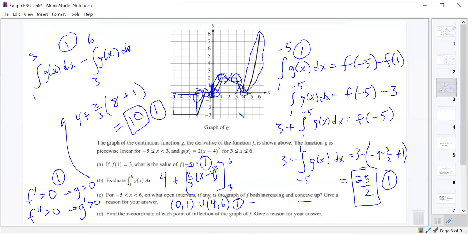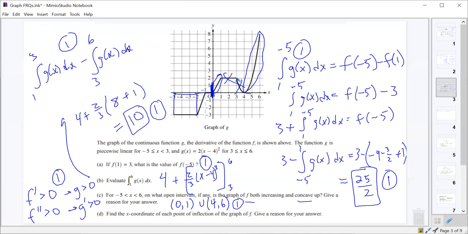I wish I could sort of erase all that so we could see that better. At -2, the slope of G goes from 0 to positive. That's not a sign change, right? It doesn't go from negative to positive. It goes from 0 to positive. Then it goes from positive to 0. Again, not going from positive to negative, not a point of inflection. Goes from 0 to positive. Again, not going from negative to positive or positive to negative, not a point of inflection. From positive to 0, same thing.